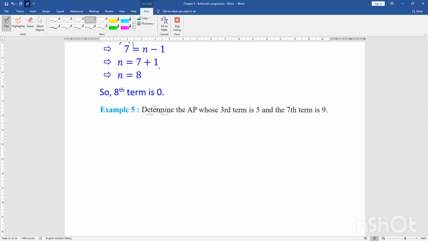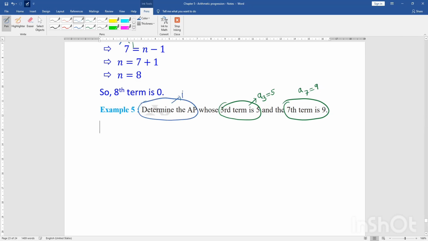Here, the third term is 5, which means A3 equals 5. The seventh term is 9, which means A7 equals 9. Now, determine the AP means we need to find the AP. That is, AP is equal to question mark. We need to find that.